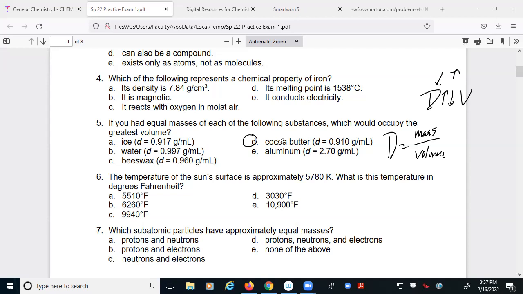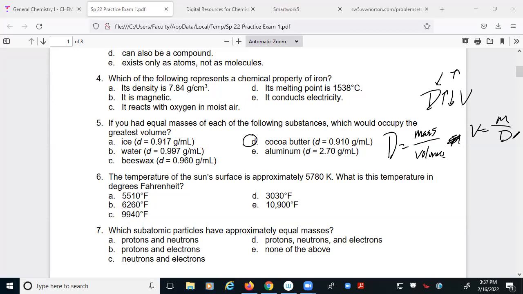Well, you could set a value for mass, just arbitrarily pick one. Let's say that you have 3 grams of each of the substances. You could solve for volume in each of those, since volume is equal to mass over density.